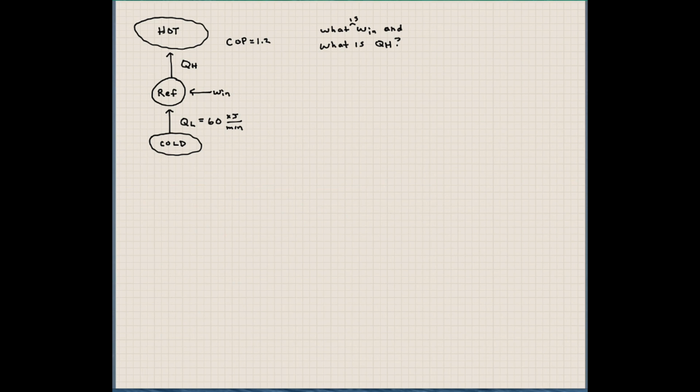So I'm just going to use the coefficient of performance definition from our textbook. So the coefficient of performance for refrigeration cycle is going to be QL by definition over work in. Now the coefficient of performance for this refrigeration cycle is already known, so this is 1.2.